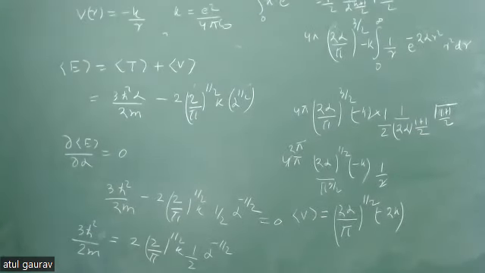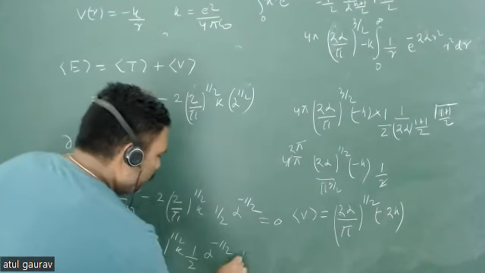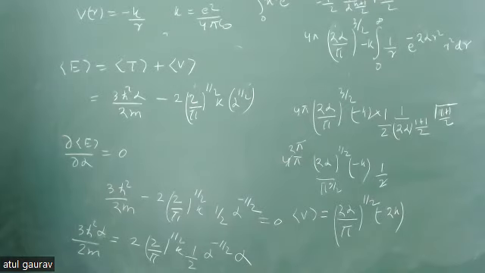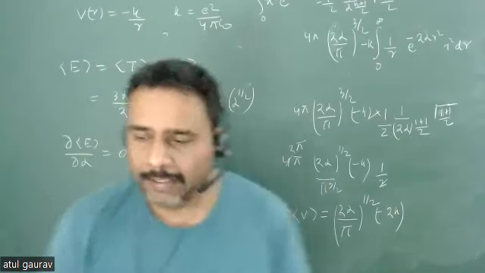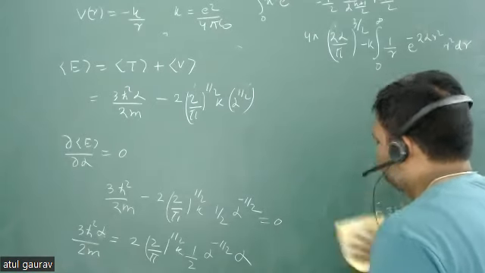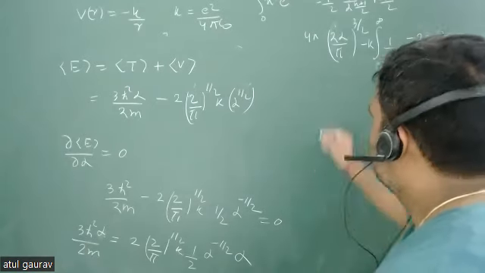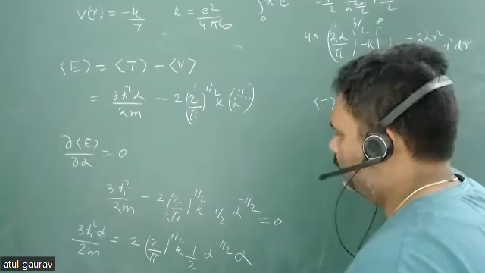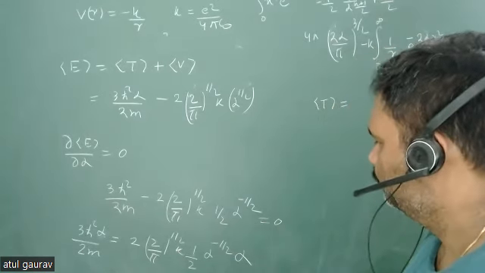Just a minute. Can you see it? Now what should we multiply with? Multiply by alpha here, and we will multiply by alpha here also. Then we have kinetic energy, and that kinetic energy is equal to the average of kinetic energy. What are you getting?